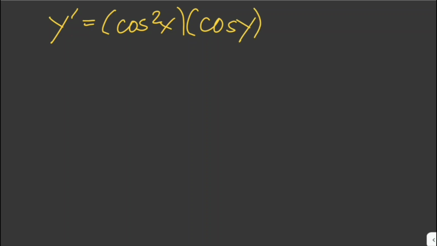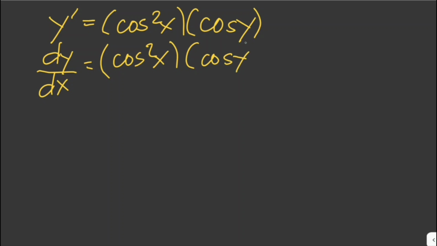Let's solve another problem here. So let's say we're given y prime equals cosine squared x times cosine y. Y prime is just dy over dx equals cosine squared x times cosine y.